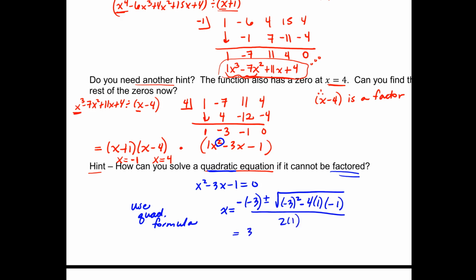So that would be 3 plus or minus square root of 9 plus 4, all over 2. And so that would come out to be 3 plus or minus square root of 13 over 2. Yeah, you guys check me on my algebra?